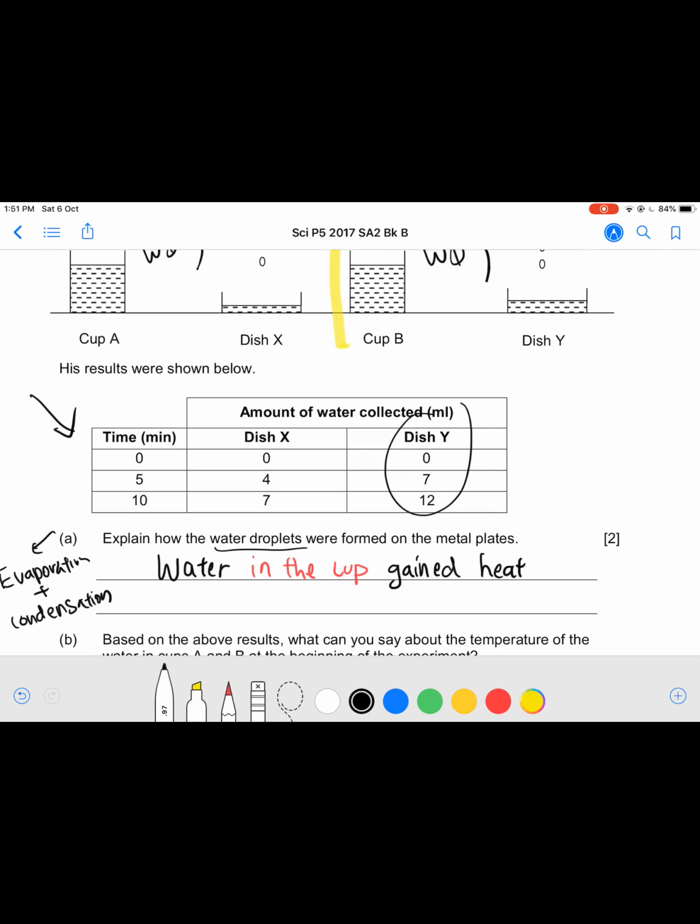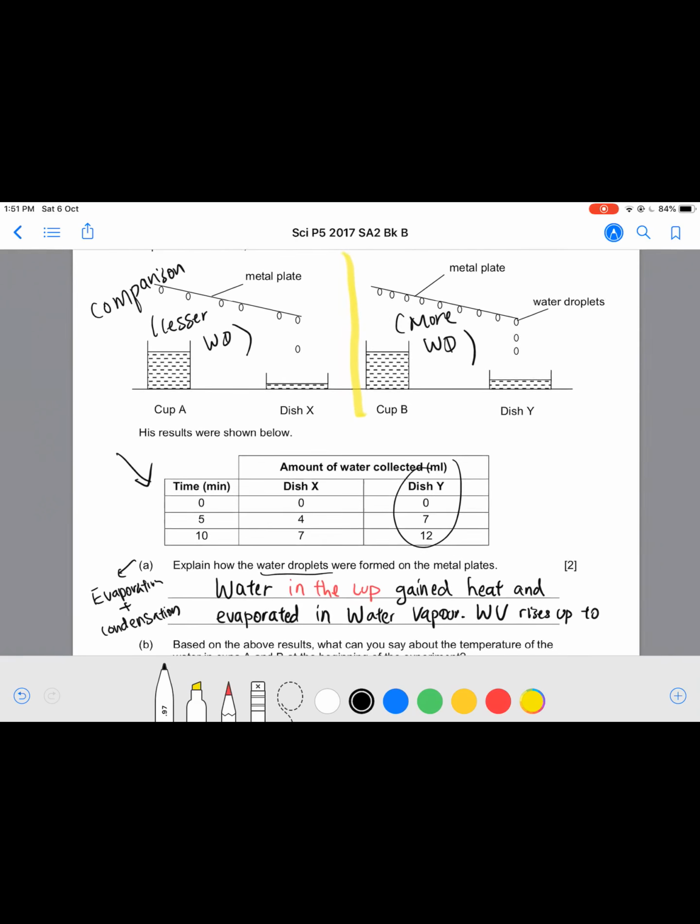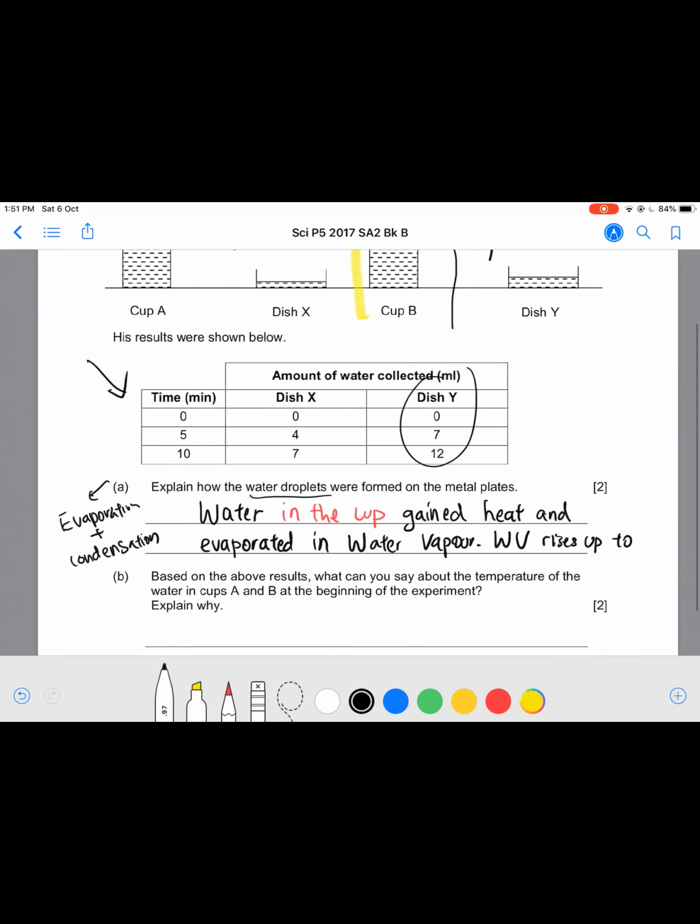Alright, and evaporated into water vapor. Next, what happens? The water vapor rises up to where? To the metal plate, right?